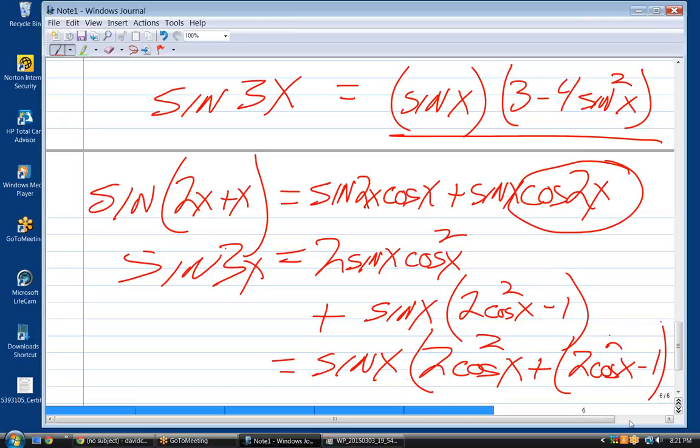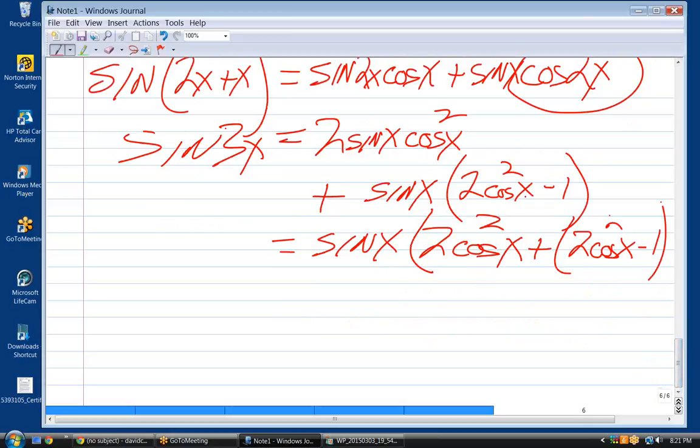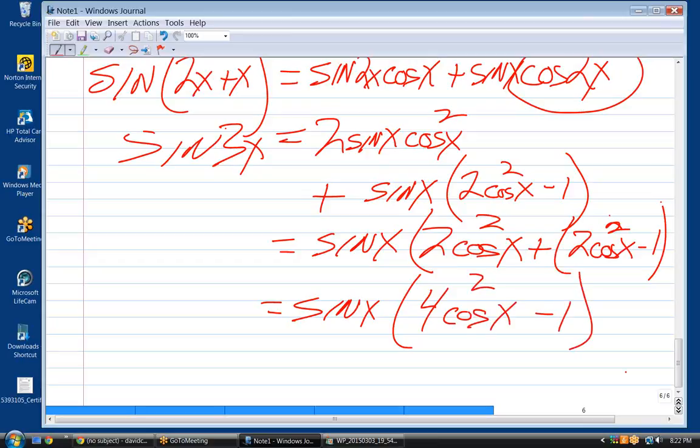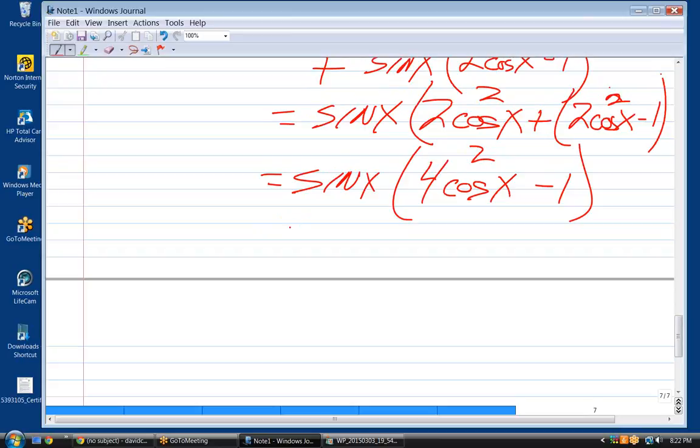How do they get 3 minus 4 sine squared? Okay. No, we're getting someplace here. Let's see. Did I do all my math right? Yeah, I factored out a sine x, leaving behind 2 cosine squared x plus 2 cosine squared x minus 1. So now I've got sine x times 4 cosine squared x minus 1, and cosine squared x is 1 minus sine squared x.